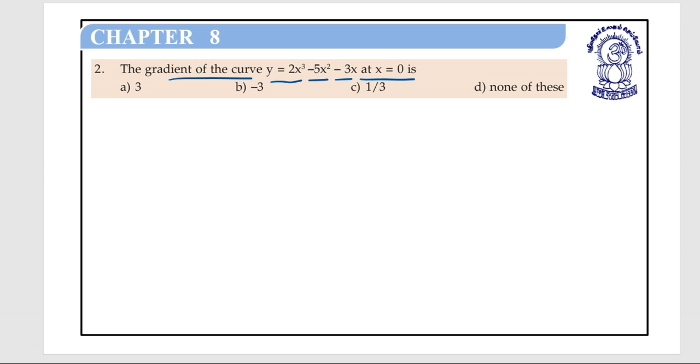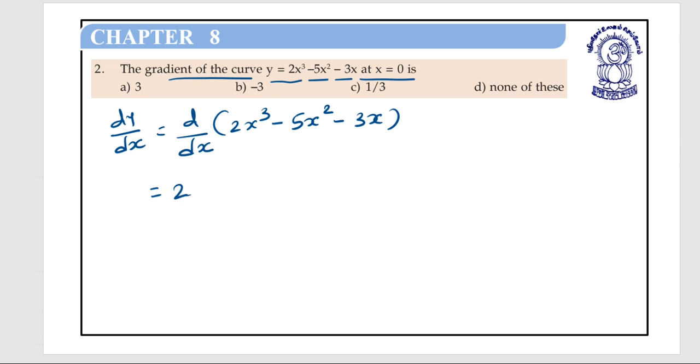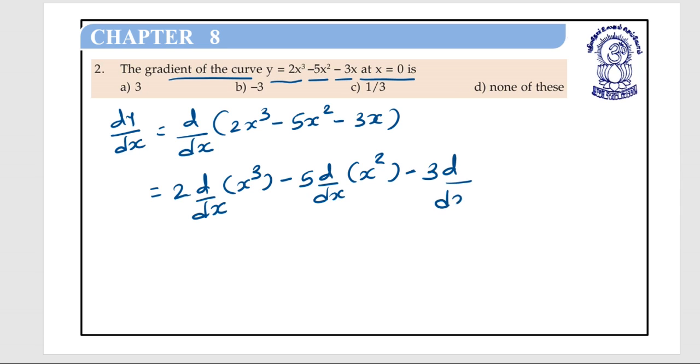Here gradient of the curve means dy by dx. d by dx of 2x cube minus 5x square minus 3x. So 2 d by dx of x cube minus 5 d by dx of x square minus 3 d by dx of x.